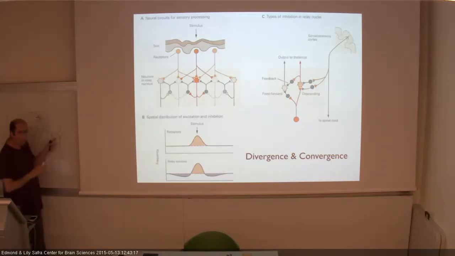But what you ignore here is the temporal domain. This works fast, and this takes a little bit more time. If you have a spike coming here and a spike going on the axon, it will arrive at this one before, and here at the same time, more or less.